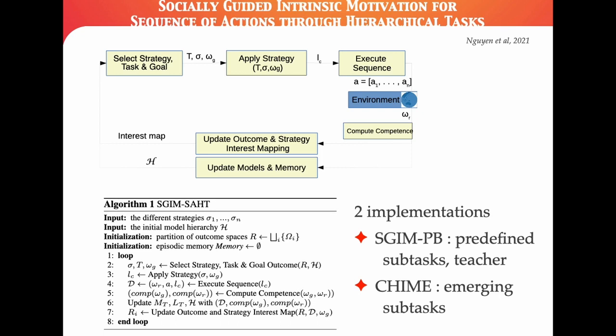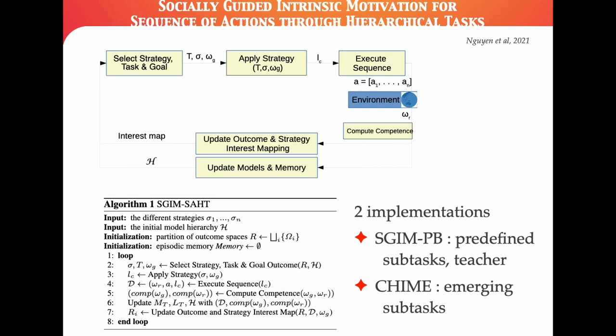Then it applies this strategy, which translates into a sequence of actions that it executes. After executing, it observes the outcome, the effect on the environment, and then it computes the competence. With this competence and these observations, it can first update the models and its memory to improve its model of the task, but it can also update the outcome and the strategy interest mapping.